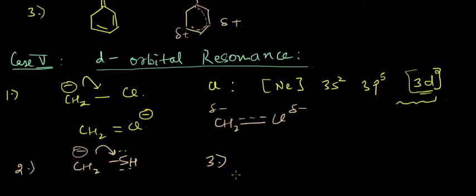Third example can be, we have something like CH2 minus here and PMe3 here. So what can happen in this case is, again P has a vacant d orbital, again this will take place.